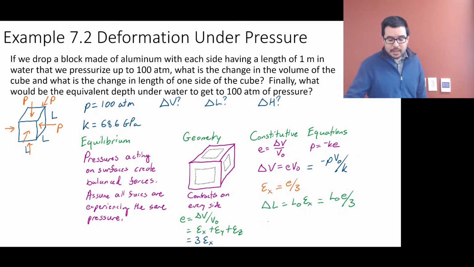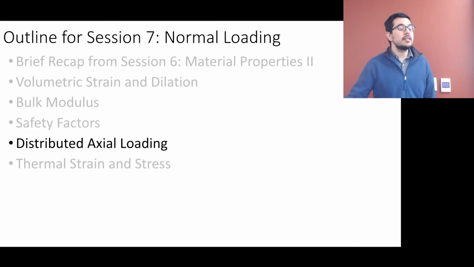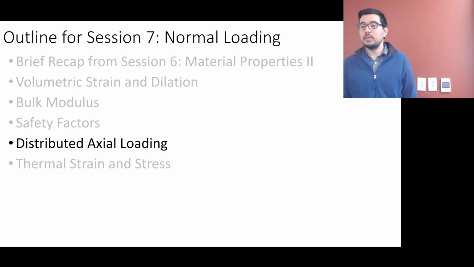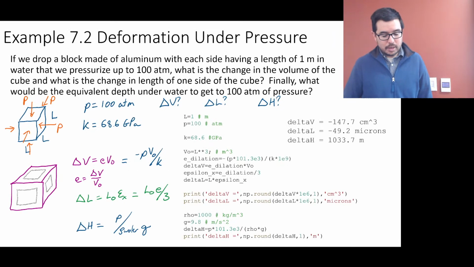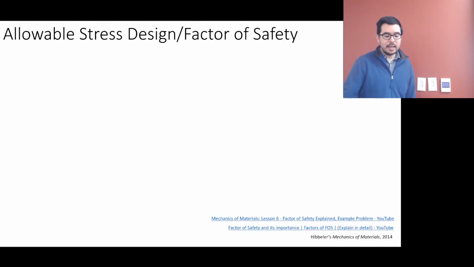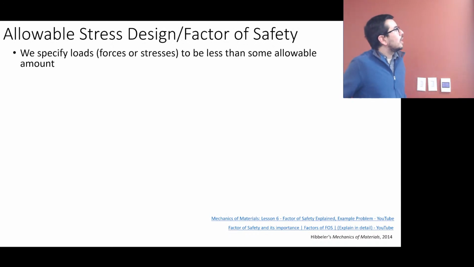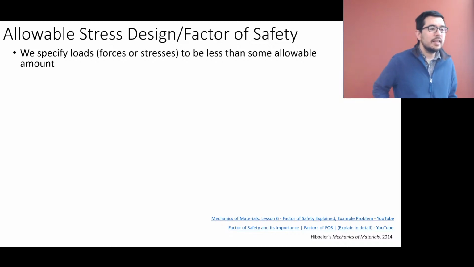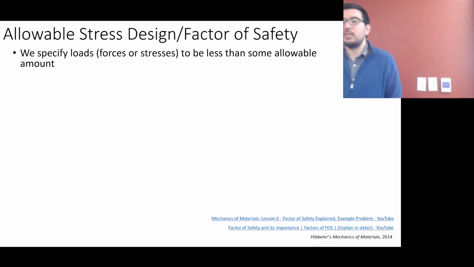So, let's talk a little bit about distributed axial loading. Oh, no. First, I skipped. First, we're going to talk about safety factors. I'm off here. Okay. So, what are safety factors that you might have encountered before?